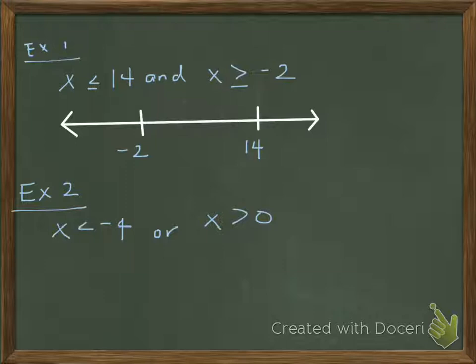Okay? Now, let's just start with graphing one at a time. So let's start with graphing x is less than or equal to 14. So let's go to 14. How do you graph that? Is it open or closed circle? Yeah, you're going to have a closed circle. Great job, Kirsten. Okay. And then is the x on the left side?